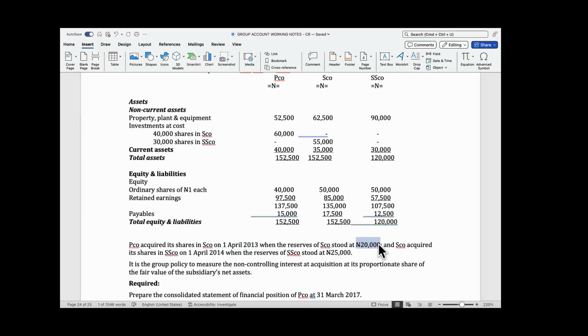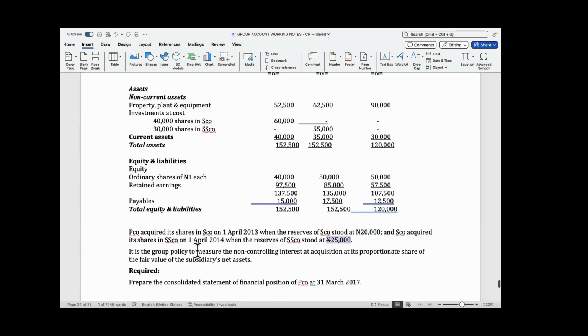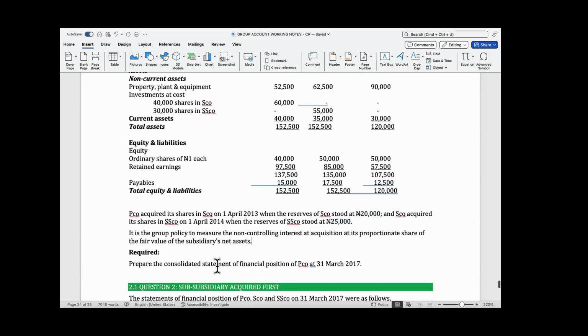And ESCO acquired its shares in SSCO on 1st April 2014, when the reserves of SSCO stood at 25,000. We're now told that it's a good policy to measure NCI at acquisition at its proportionate share of the fair value of the subsidiary's net asset. You are now required to prepare a statement of financial position of PICO at 31st March 2017.